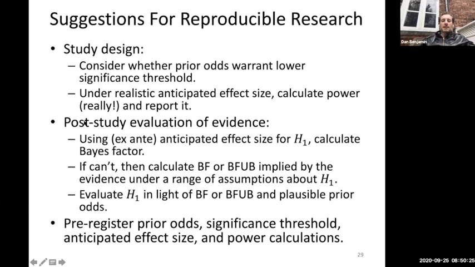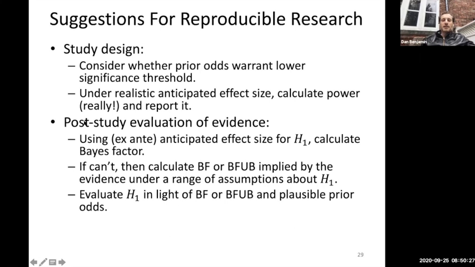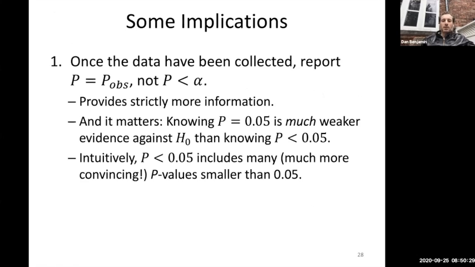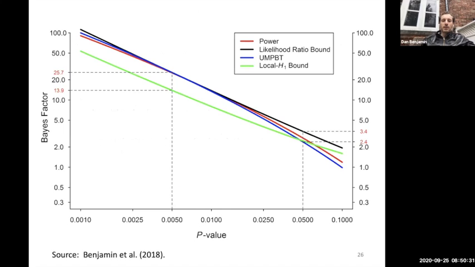Once you've done the analysis, I think that the key thing to keep in mind is this figure. This is probably the most important figure in the talk, and that is, how strong is the evidence really from that p-value? And this tells you 0.05, it's at most 3 to 1, 0.005 at most 20 to 1, and you can do the mapping for whatever p-value you actually get.